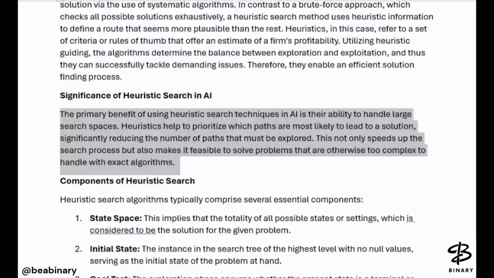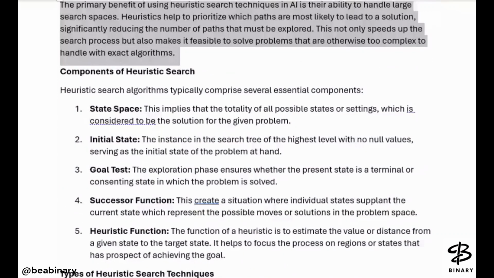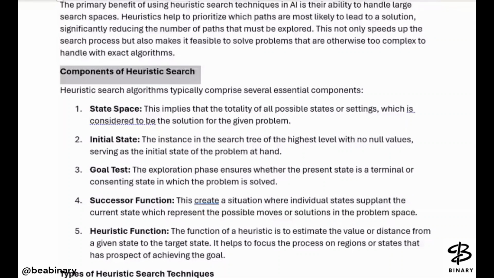So what comes under the heuristic search? We have discussed the state space search. So heuristic search के components क्या हैं? So what comes under the heuristic search? What components? A heuristic search algorithm typically comprises several components. First is your state space. What is a state space? This implies the totality of all possible states or settings which are considered to be the solution for a given problem, right?